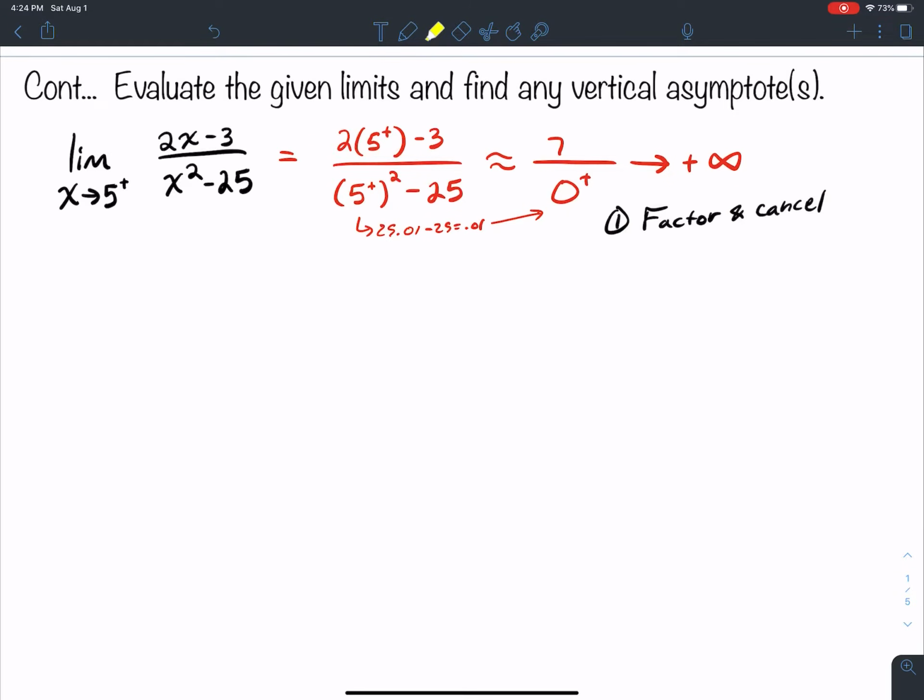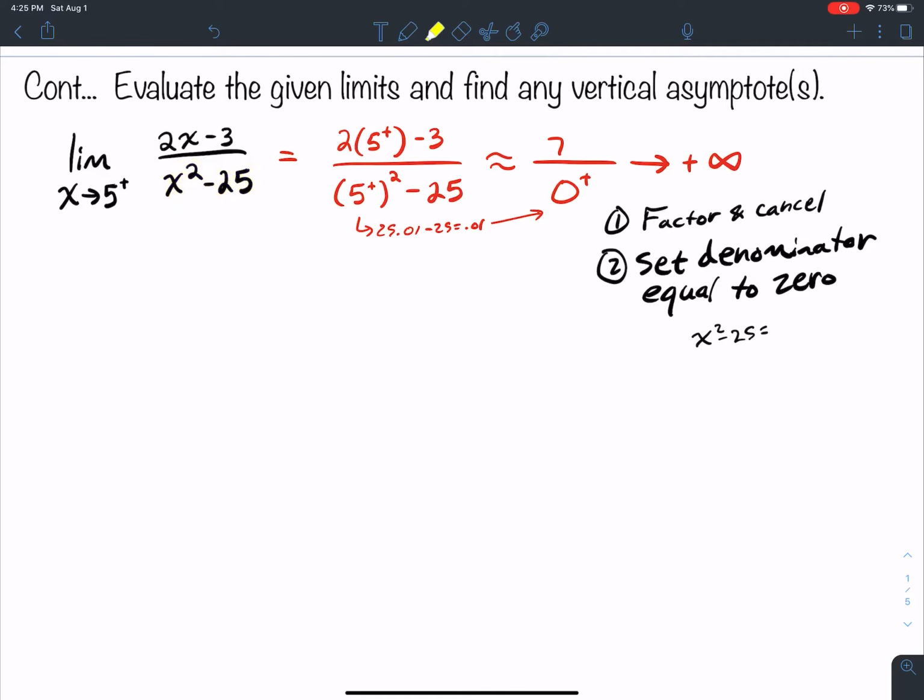Okay, now finding vertical asymptotes, step 1, what I would do is factor and then cancel. So if you can factor, great. If you can't, set the denominator equal to 0 and solve for x or whatever your variable is. So what's my denominator? It's x squared minus 25. Can that factor? Yes.